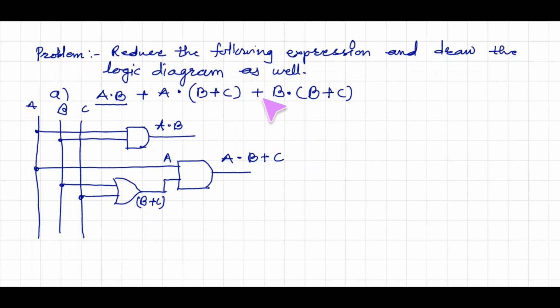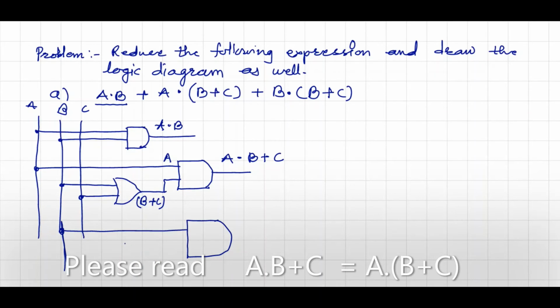Third, again an ORing operation, but the term is b dot (b plus c). Here it is an ORing operation and here it is an ANDing operation. So again we must have a third AND gate, to which one input is b and another input is b plus c. So we need one more OR gate, to which the inputs are b and c.